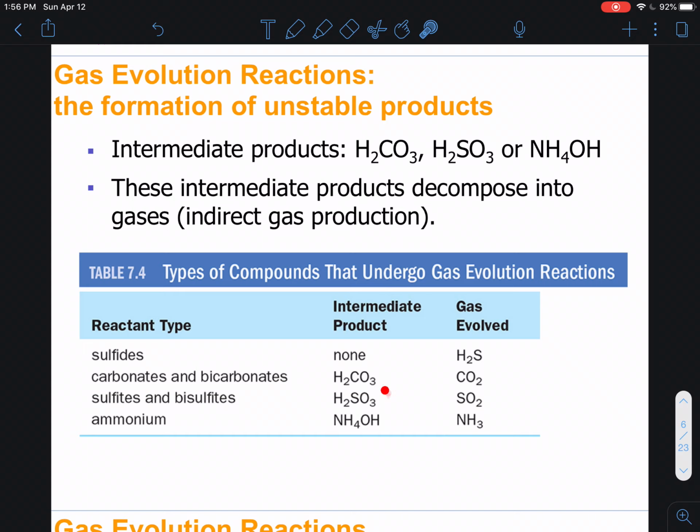This guy, H2SO3, is going to decompose into SO2, and this guy is going to decompose into NH3. Take-home message for this slide: if you make this in your product, it's going to decompose into something else, okay?